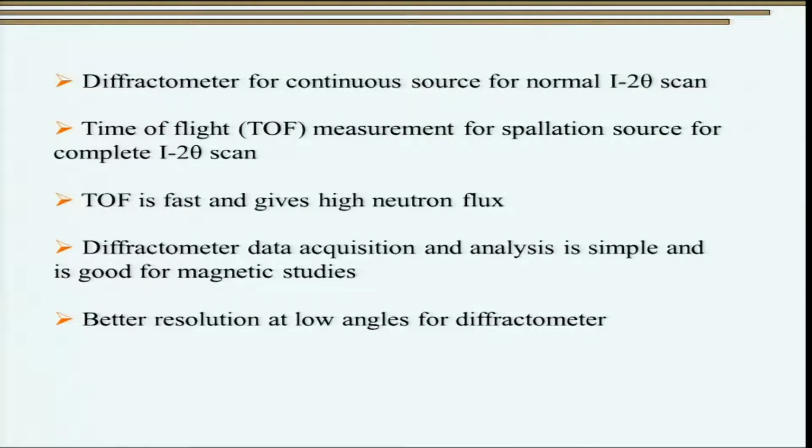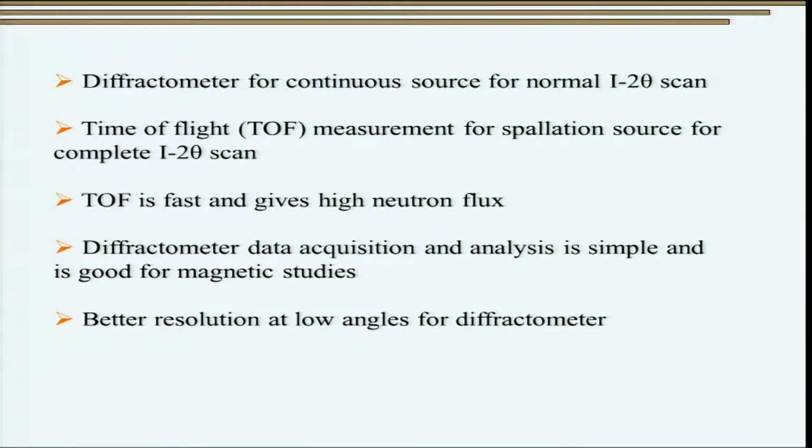The mass of the neutrons is the same, their velocity is also the same, but depending on the angle of scattering, they are going to take different times to reach the detector. So, this technique is known as the time of flight technique.